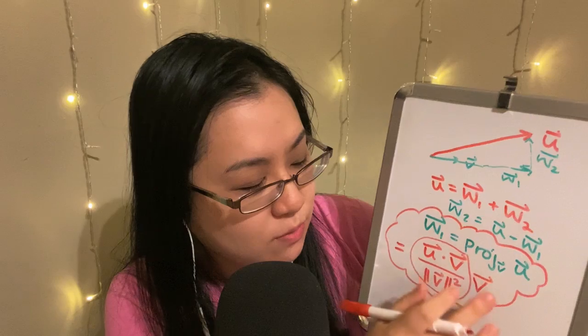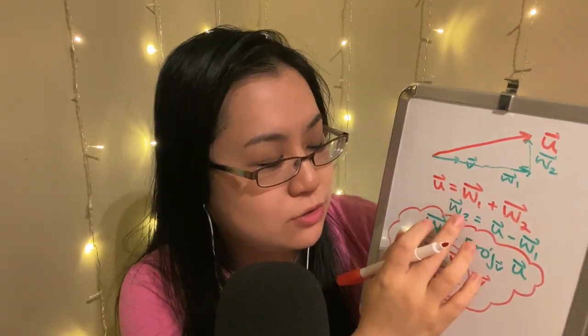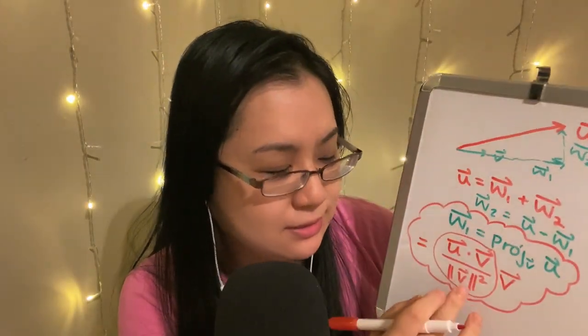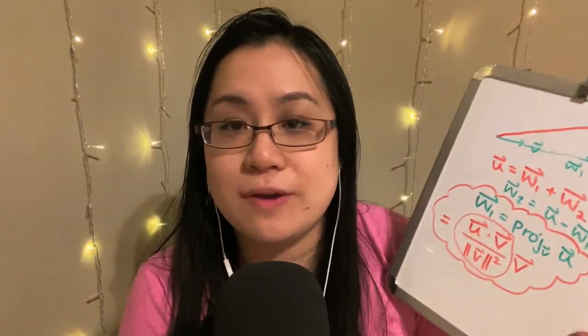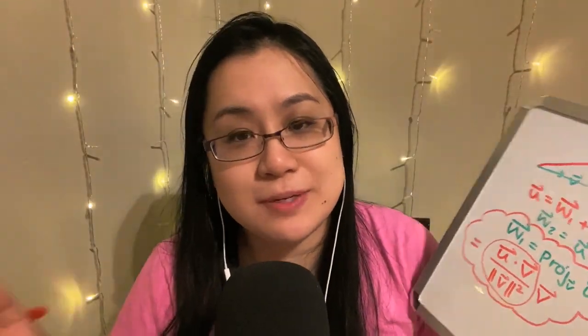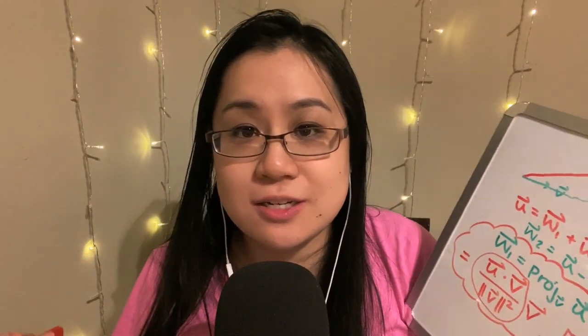Like we said, once we get what that answer is, we have W2 is my original vector U minus this vector. So when you have a vector minus another vector, if they have the same dimensions, which these all will, you just subtract corresponding coordinates.